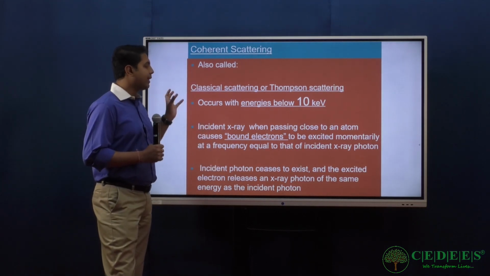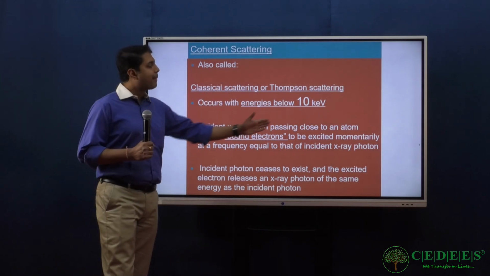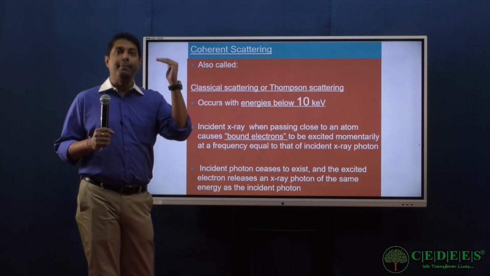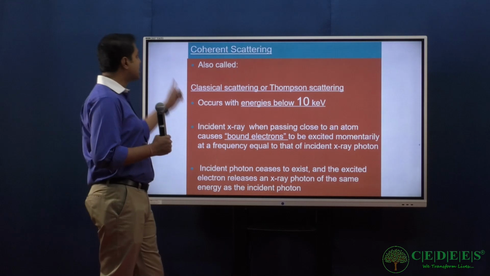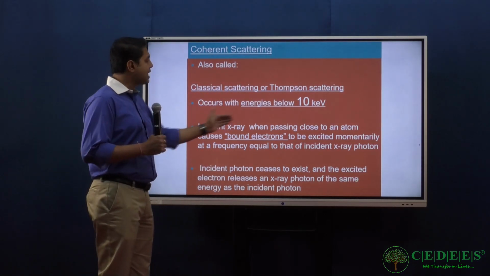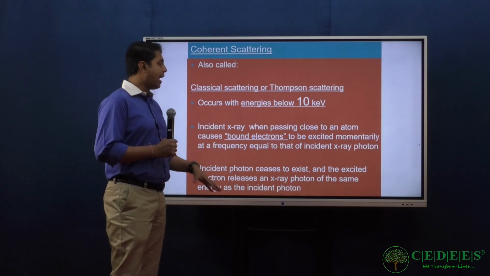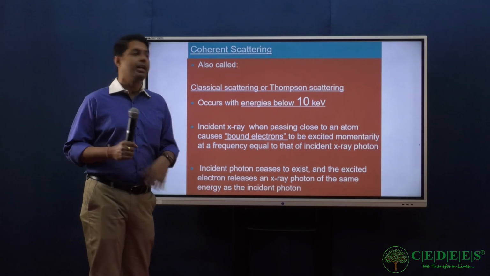What happens when the X-ray photons are coming from the X-ray tube? They pass very close to an atom, meaning they are not colliding with the atom, mind you. That is why it is scattering and not collision. What is the purpose of passing very close to it?